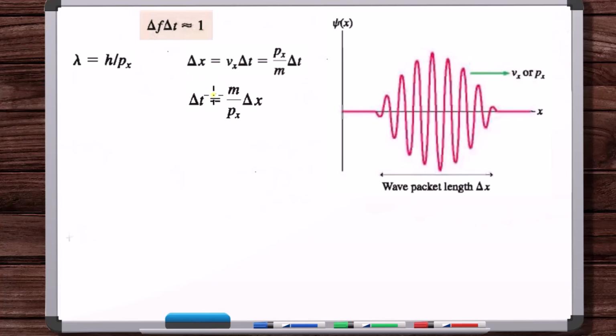Okay, now we can solve for delta t and also have a relation for delta t in terms of delta x. Okay, frequency is equal to velocity divided by lambda. Performing the substitutions, we get the frequency is equal to the momentum squared divided by Planck's constant times mass. Now, if you imagine we took the derivative df/dpx, we would get 2px over hm.